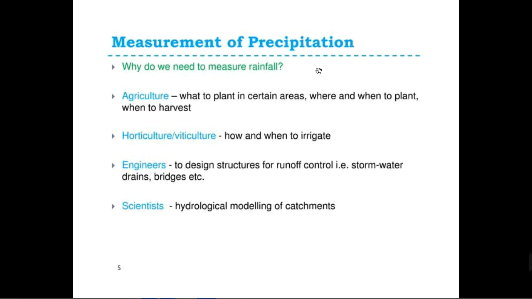Measurement of precipitation. Why do we need to measure rainfall? These are the important things. I may ask the question, why do we need to? First is agriculture, to decide where and when to plant and when to harvest.